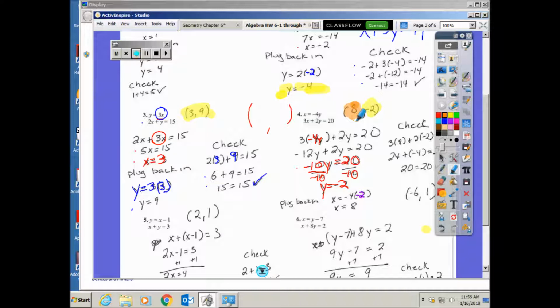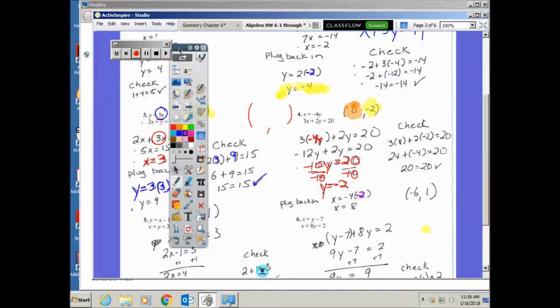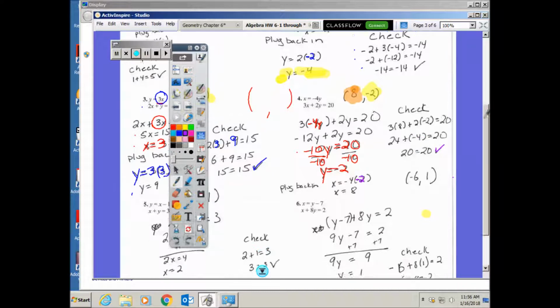I'm then going to check it. I think I kind of made a mess here. 3 times x plus 2 times y equals 20. 3 times x, and I have that 8 is equal to x, plus 2 times y, and I have y is equal to negative 2, equals 20. 3 times 8 is 24. 2 times negative 2 is negative 4. 24 plus negative 4 is 20. 20 is equal to 20.